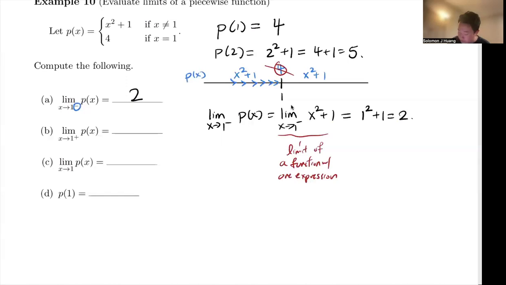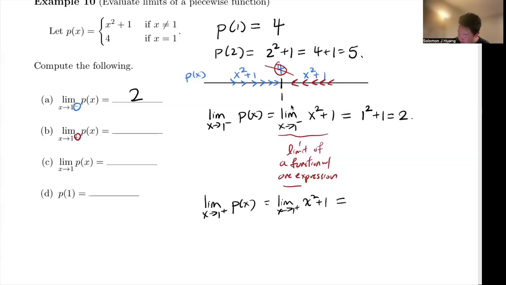Similarly, for part B involving the right-hand limit, because there's a plus sign here, I'm coming from the right of 1. On the right of 1, x is not equal to 1. So P of x will also take on this x squared plus 1 as I go from the right.